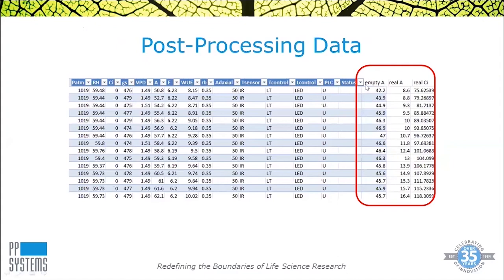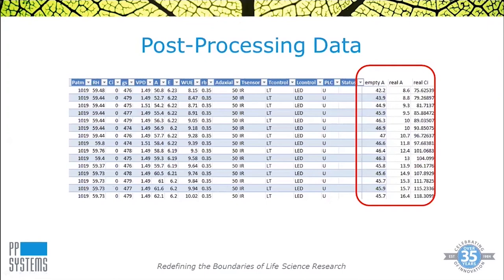What we do is take the values at the same time step from the empty cuvette and import them into a column in the spreadsheet, then subtract the empty from the apparent assimilation rates, and that gives you a real value of A for each step in CO2.